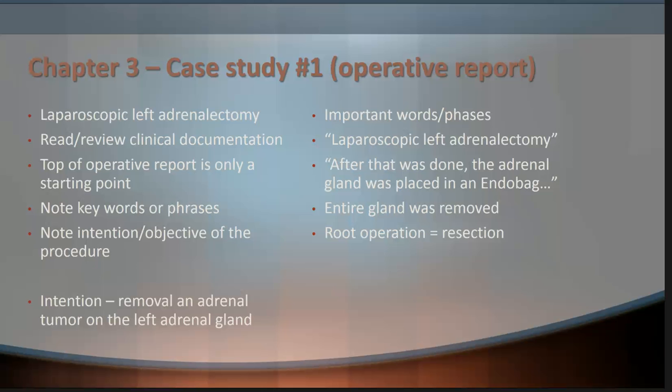So that makes us know that the patient's entire adrenal gland was removed. So the tumor was too big, it was too invasive, whatever the reason was, they didn't just take the tumor, they took the entire gland and the tumor with it. Because of that, the root operation would then be resection.